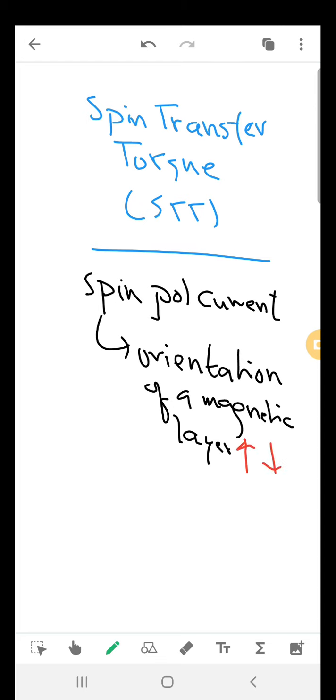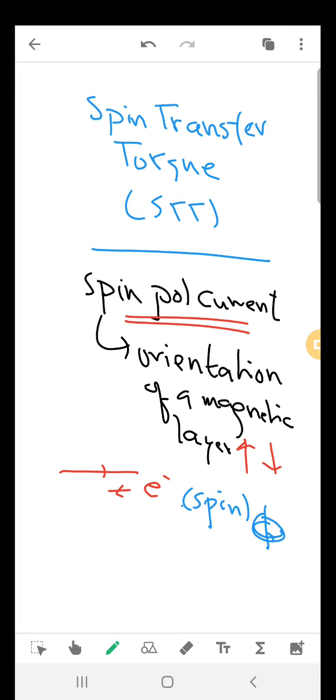Now, charge carriers: when we are talking about a current, we mean electrons. So if the current flows in this direction, the flow of electrons is in the opposite direction. And these electrons have a property which we all know, the property of spin. They revolve around their own orbit. Spin in one direction gives a magnetic moment in this direction, and the opposite spin gives a magnetic moment in the opposite direction.